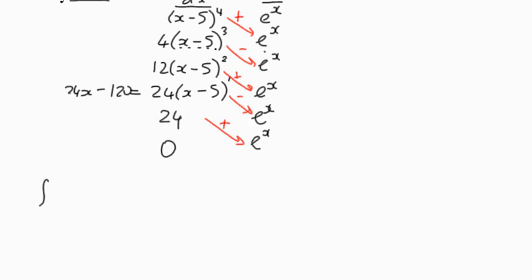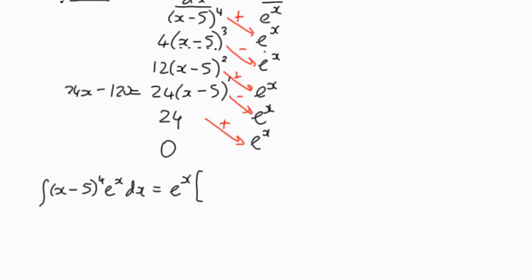So let's see what we're doing. Integral of x minus 5 to the power 4 times e to the x is equal to x minus 5 to the 4 e to the x minus, well, I'll tell you what, it looks like there's always going to be a common factor of e to the x, isn't there? So let's just do it right from the start.